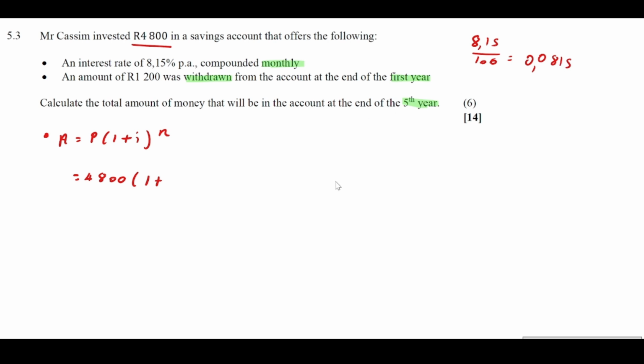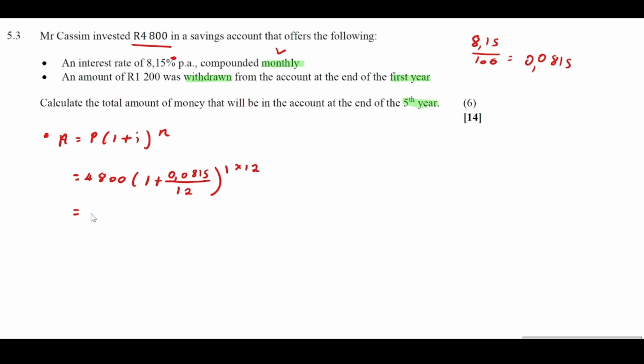So that is the converted interest rate. Then you substitute that here, 0.0815, and divide it by 12, because it is compounded monthly, all to the exponent of, let's calculate for the first year, 1 multiplied by 12. You put the whole thing inside your calculator.